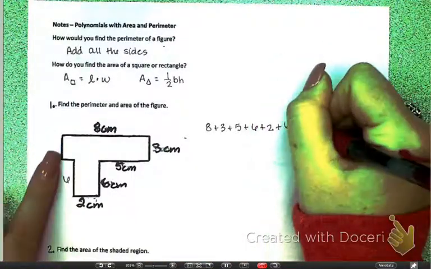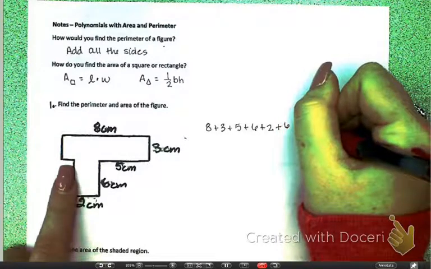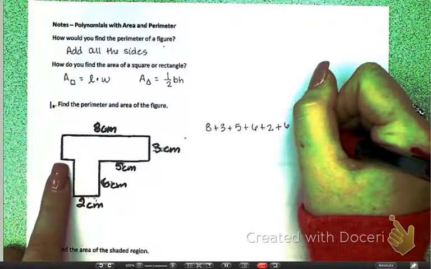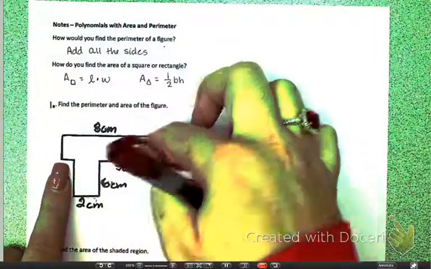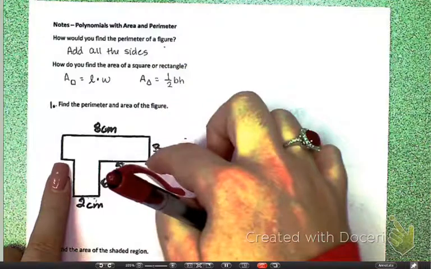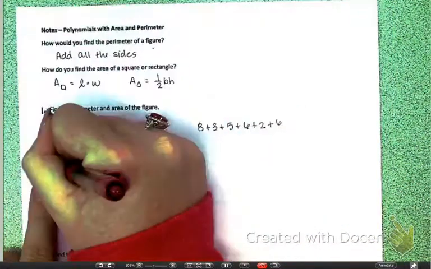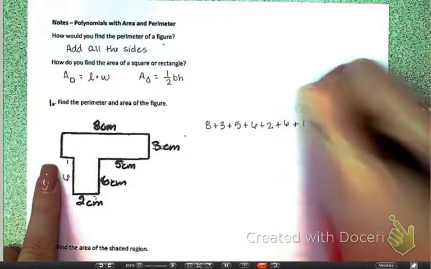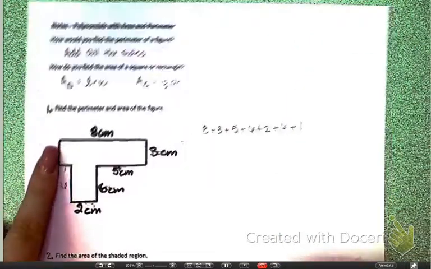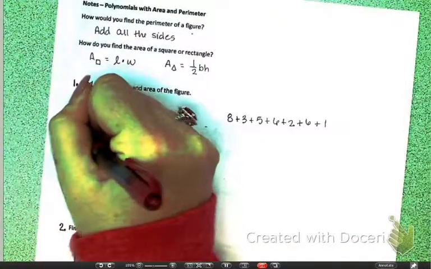And what's this side here, this little piece? 1. How do you get 1? Because the top is 8, and 5 plus 2 is 7, and now I need a little more. Good. So the whole thing is 8. This piece is 5. This piece is 2 for 7, which means this piece has to be 1 to add up to 8. And then what's this? 3, right? Because it matches here.